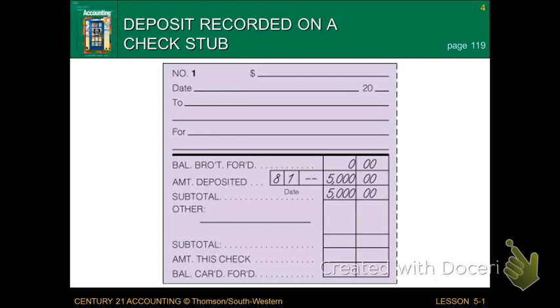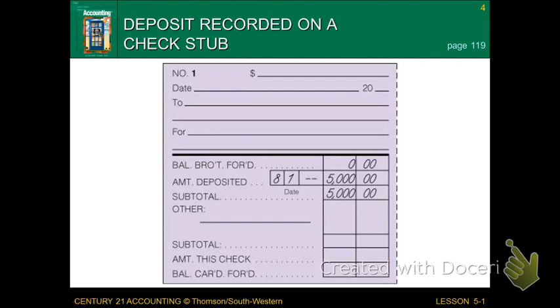And so on a check stub, sometimes you need to record when you make a deposit. And in this example, we have a deposit that was made for $5,000. And if you're looking at the screen, you'll see that the balance brought forward was $0. What that means is this business had no money in their account to get started with, so this might be a brand new business.